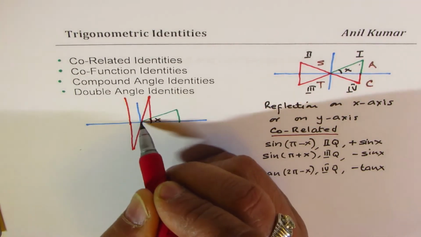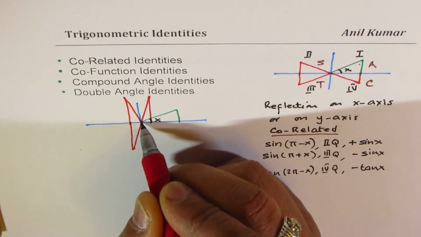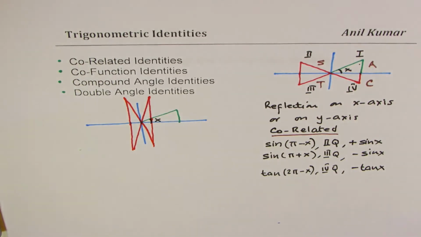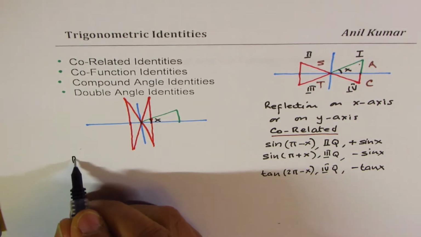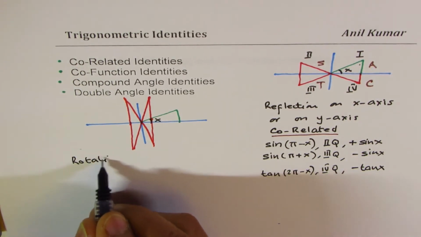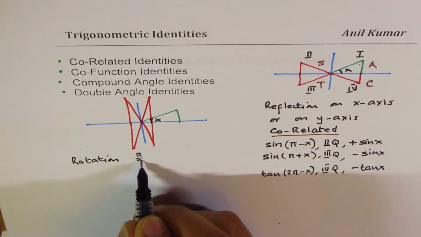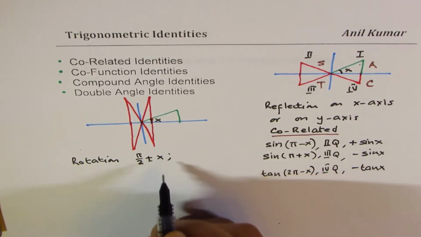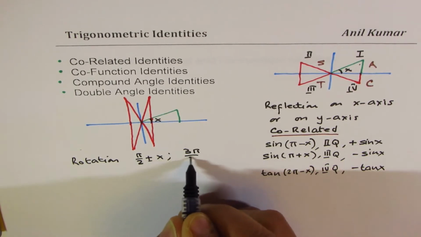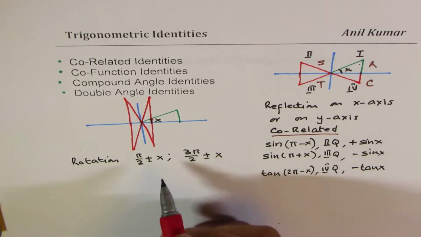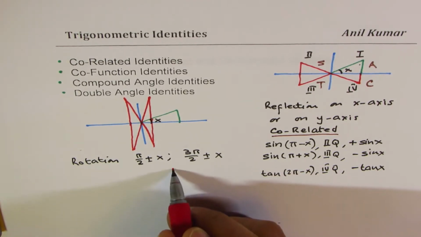Do you see these triangles? All four of them which I have drawn here, we are looking at rotation. So the rotation could be pi by 2 plus or minus x, or it could be 3 pi by 2 plus or minus x, right? You could also think of this like this.